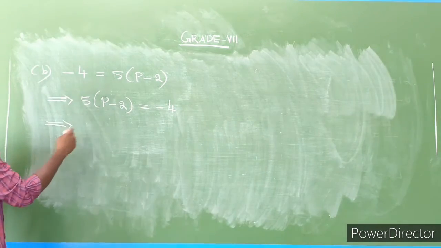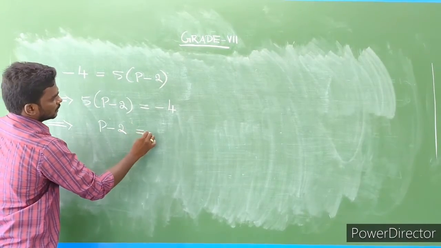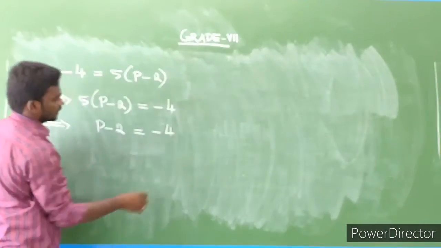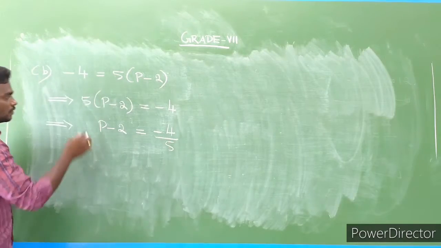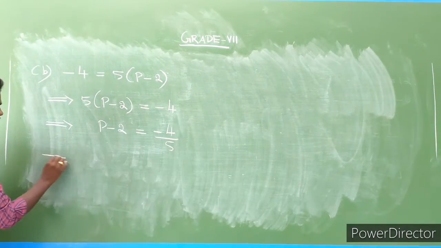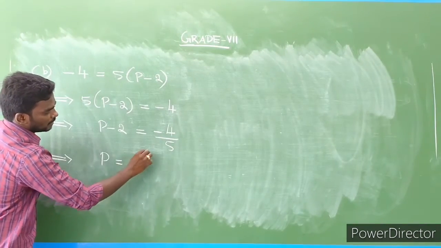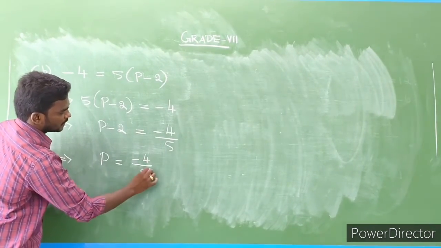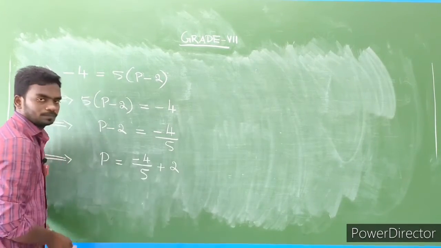Now we keep the value p minus 2 in left side, which is equal to minus 4 in right side. So this 5 is transposing to, what is that? Division. 5 is multiplication in left side, which is transposing to division to the right side. So keep the value p in left side and minus 4 by 5 in right side. So this minus 2 is transposing to, what is that? Plus 2.